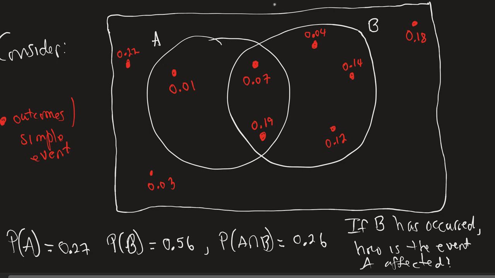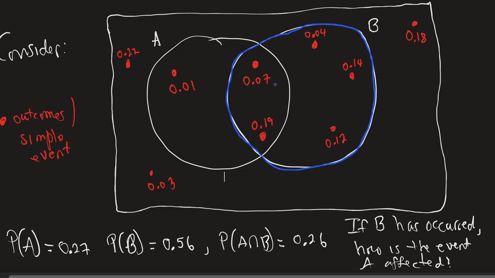Well, if B has occurred, then suddenly it's almost like this becomes the new sample space.